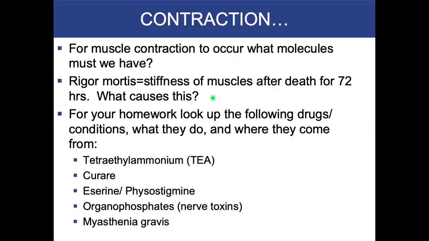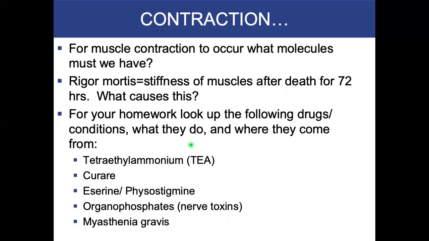Rigor mortis is a stiffness of muscles after death for 72 hours. What causes that? If there's no ATP, the myosin can't release the actin, and so they're stuck together until the proteins start degrading.